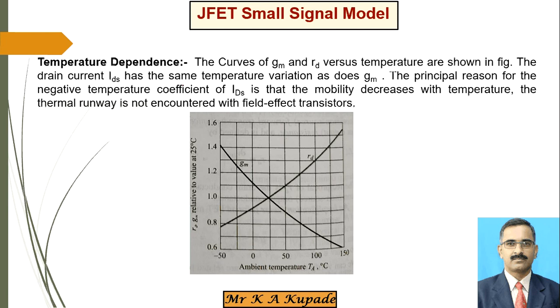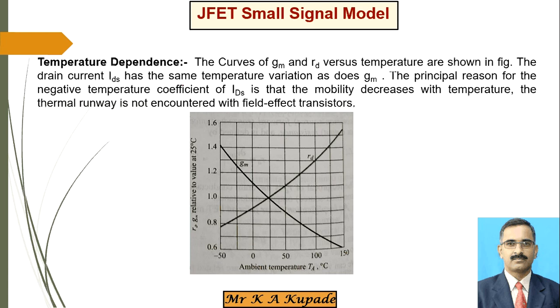See, whatever the temperature is, it affects the parameters of any transistor, any semiconductor device, and due to that effect there is a change in the values of that parameter. So from that point of view, here I mentioned a graphical representation of the ambient temperature with respect to the relevant values of the resistance and that particular GM, the transconductance, and the RD resistance.